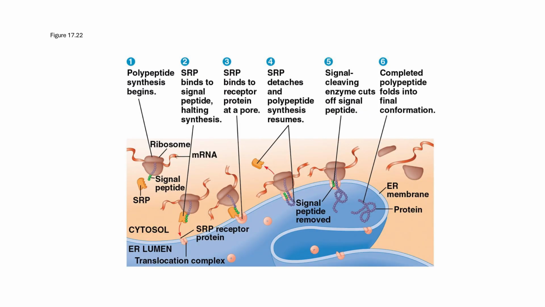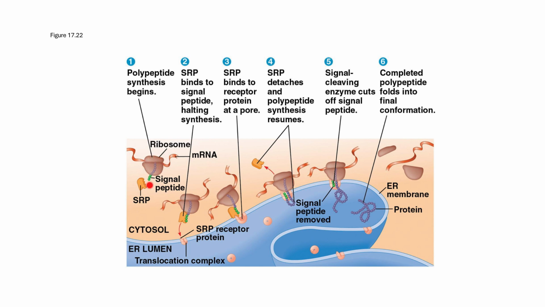This figure shows an example of what would happen if there was a signal on the mRNA to take the ribosome over to the endoplasmic reticulum. So polypeptide synthesis is going to begin on the ribosome that is free floating within the cytoplasm.